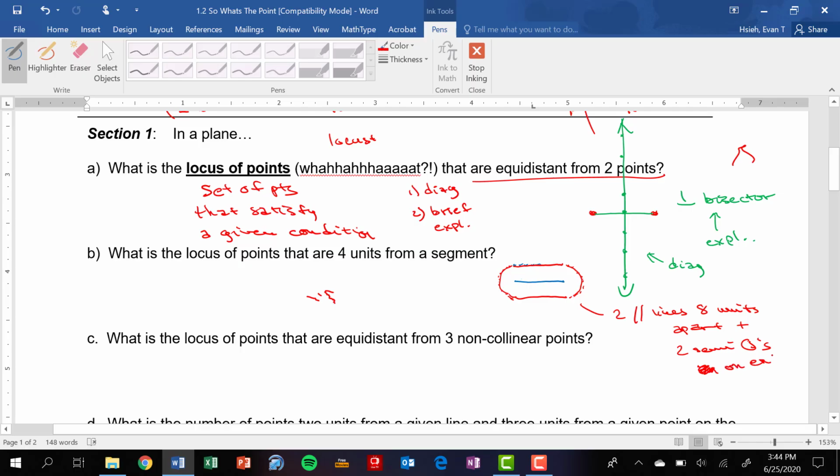How about that? Okay, so something like that. Okay, so that is the idea for a locus right there.